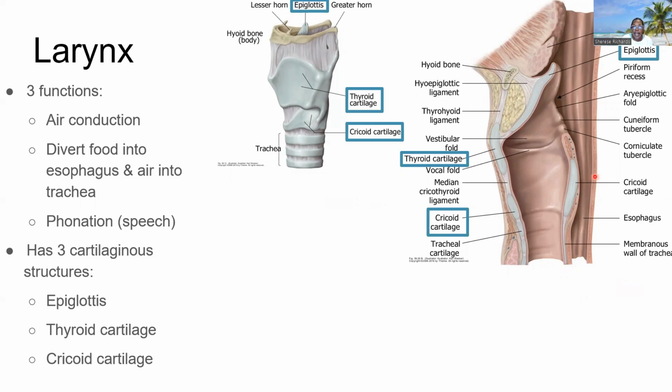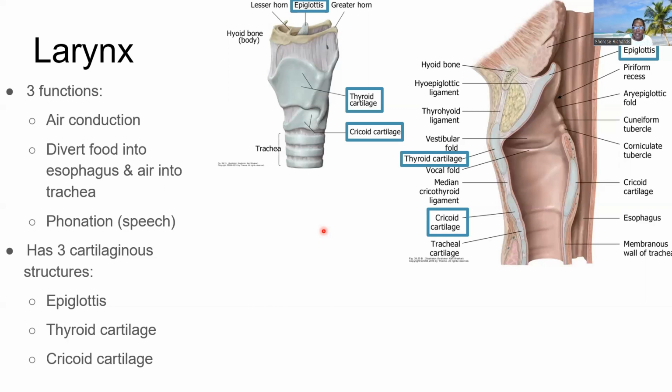The larynx is going to have a lot of functions, including air conduction to the trachea, diversion of food into the esophagus, and also the vibration of air moving through the inlet, the folds, which will result in speaking and sound.